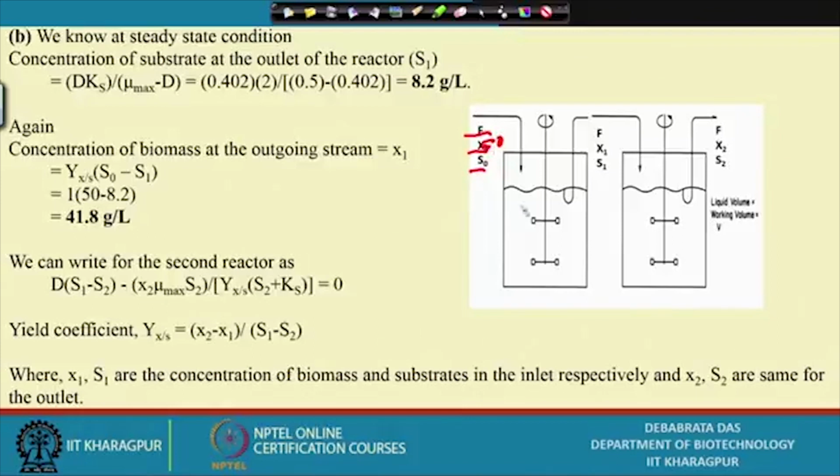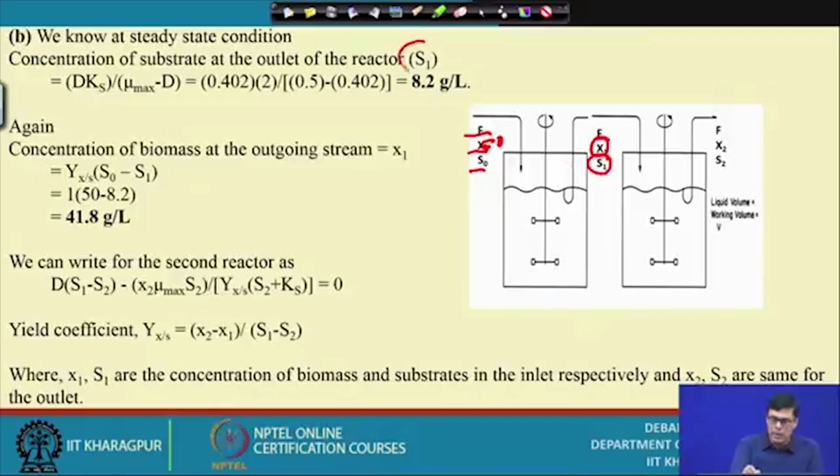Then with this equation we can find the value of x1 and the value of S1. S1 is D Ks divided by mu max minus D. So, we can find 8.2 grams per liter. Now, we can find the x1 value, Yx/s times (S0 minus S1), which is 41.8 grams per liter. For the first reactor we do not have any problem.